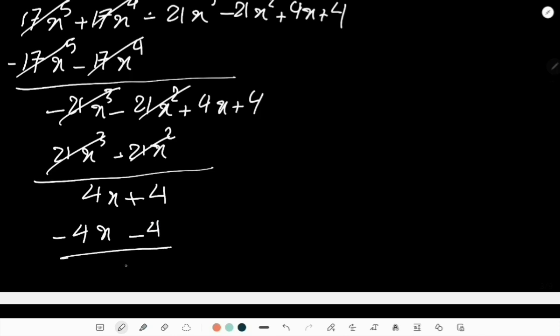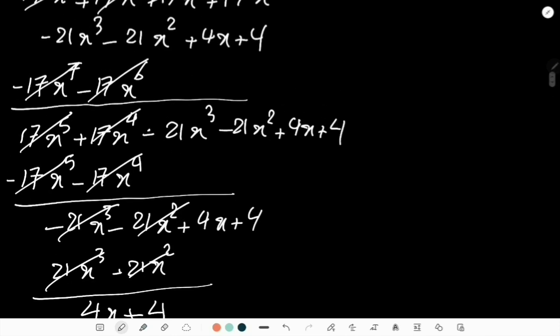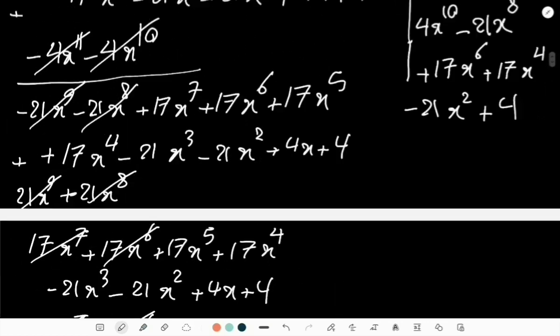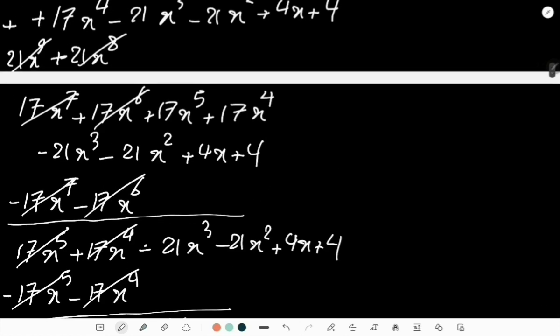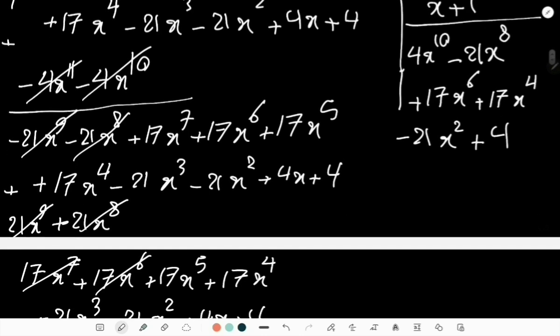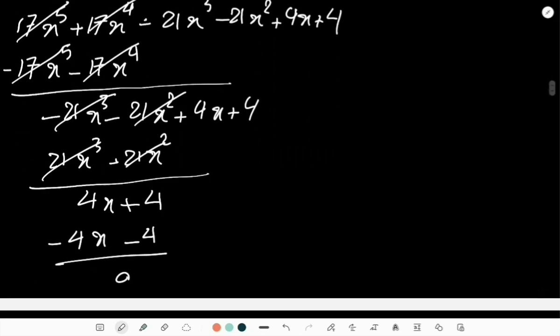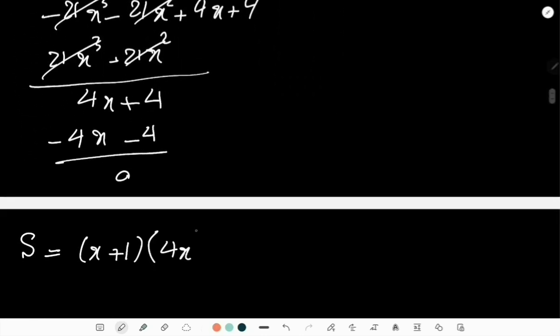Perfect. So I already proved that actually it is divisible by x plus 1. So let's call that giant expression S, the equation, and then it equals x plus 1 times what we achieved here. So x^10 minus 21x^8.